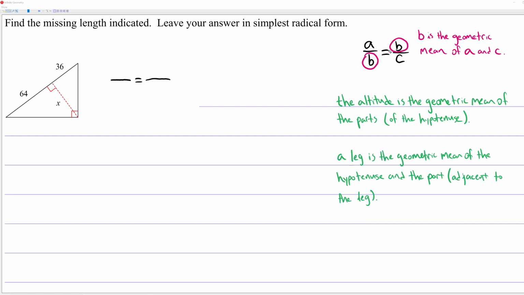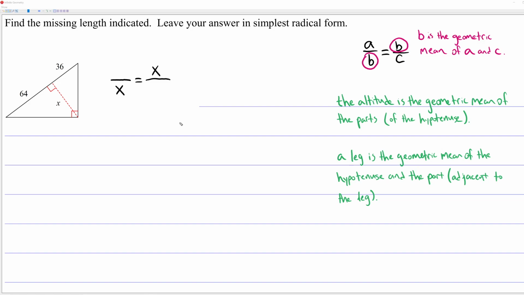Now the geometric mean occurs in two places, once in the top and once in the bottom. And this sentence says, the altitude is the geometric mean. Well, the altitude is labeled with x. So we put that in two places, once in the top, once in the bottom. It doesn't matter left or right. I'll just write it like this.